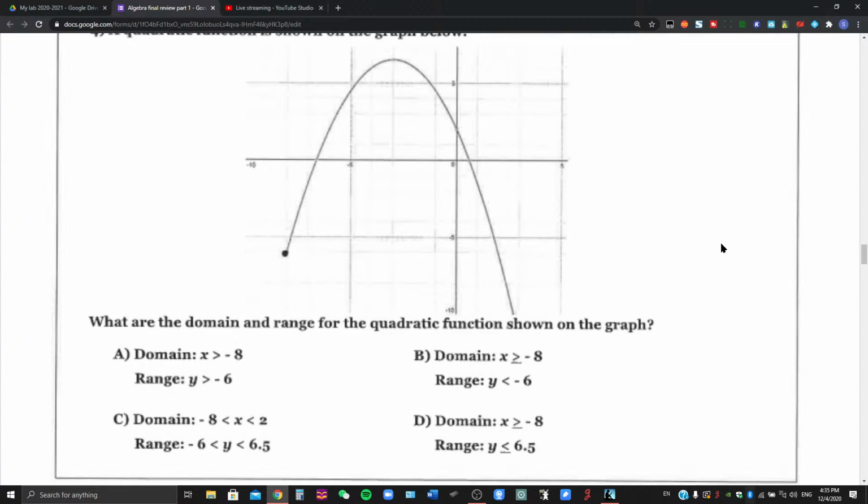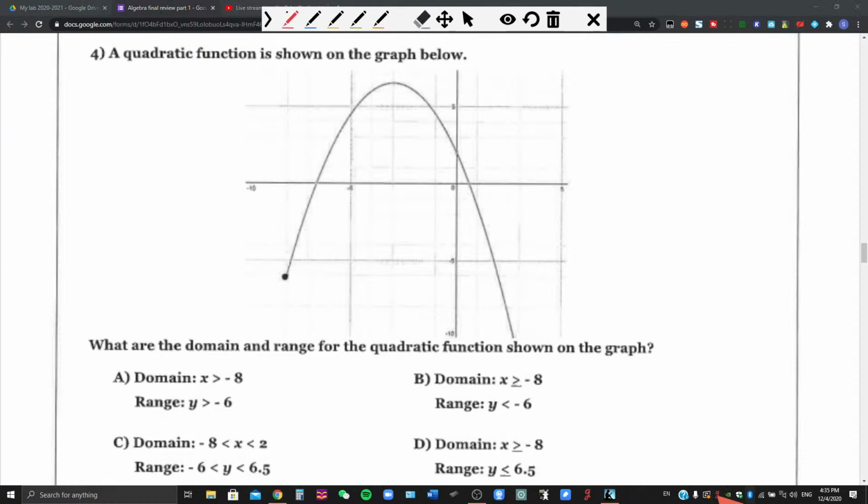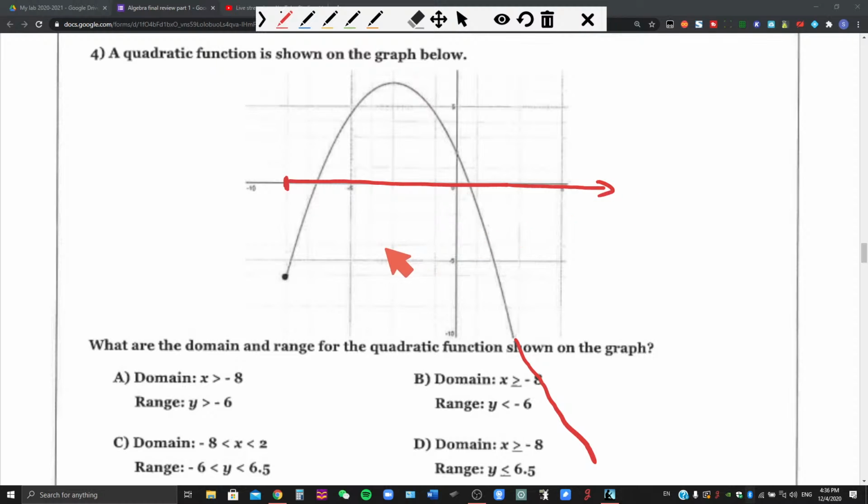On this graph, we can tell for the domain, that's for the x, this x starts from here and goes to the right. And here you can see this graph doesn't stop. It's still extending. So we can say the x will also go on to the right and go on.